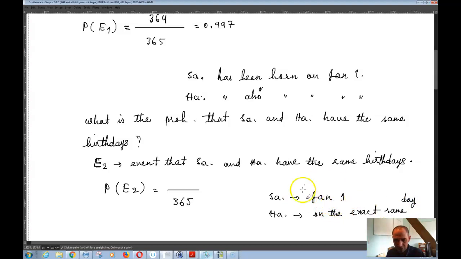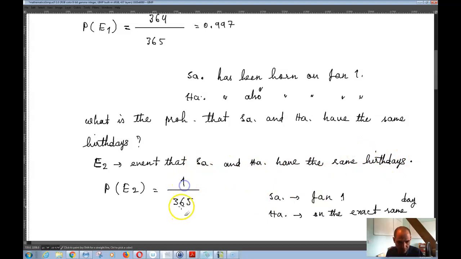But now this day can of course change, because this is something hypothetical. I don't know when Savita was actually born, but I know that whatever that day was, which was only one day in a year, then Hamida must have been born on the exact same day of the year. So there is only one day that is favorable to this event.